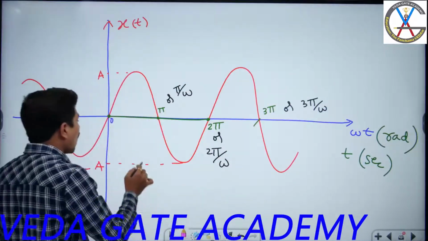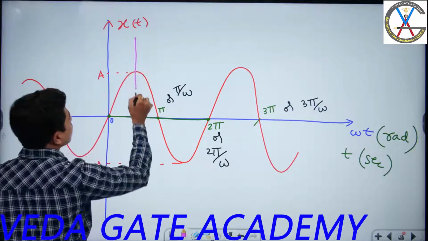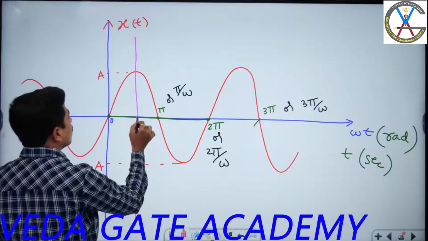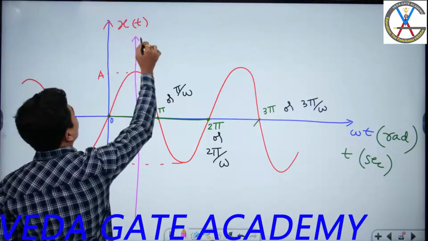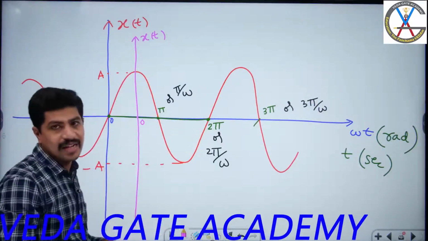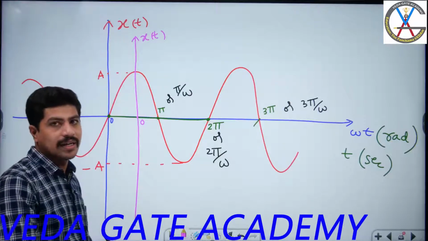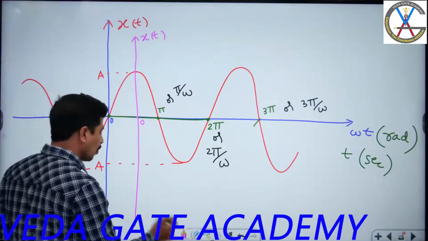Now come here. This is the cos signal. If I draw the reference axis here, if I take this as 0 and this is our x of t, then the signal can be written as cos. Just change the reference axis by 90 degrees, and you get a cos waveform.